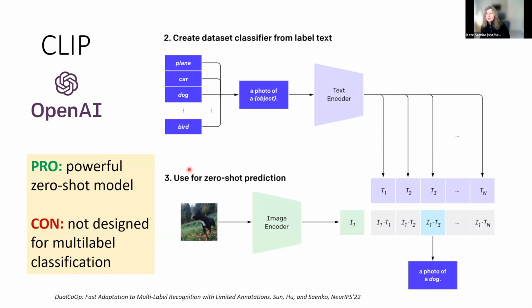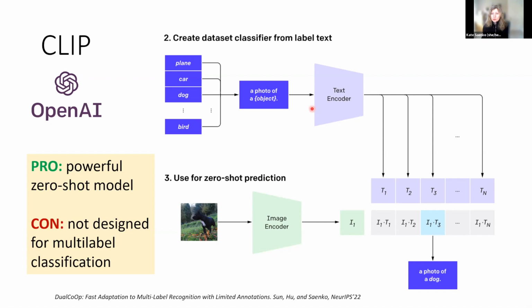And the approach that we're taking is based on CLIP. So CLIP is a very powerful zero-shot model, which pre-trains a text encoder and an image encoder on large amounts of web text paired with images.